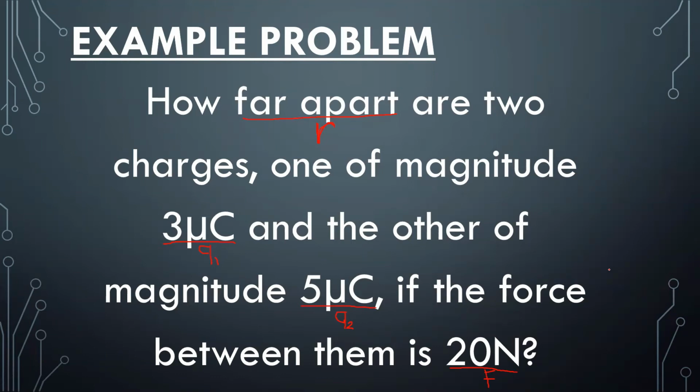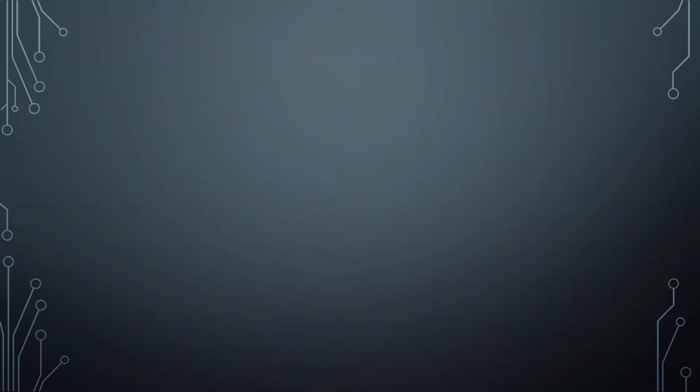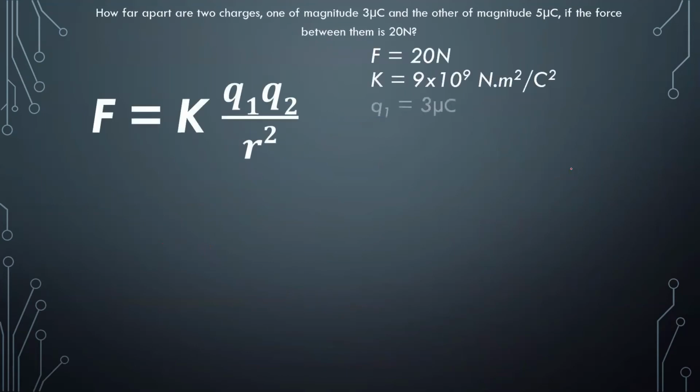So using Coulomb's law, K is equal to 9 times 10 to the power of 9 Newton times square meter over square coulomb. Force is 20 Newton. Q sub 1 is 3 microcoulomb and Q sub 2 is 5 microcoulomb. Then we are looking for the distance.